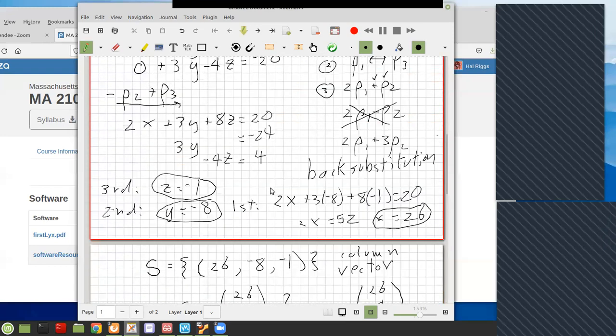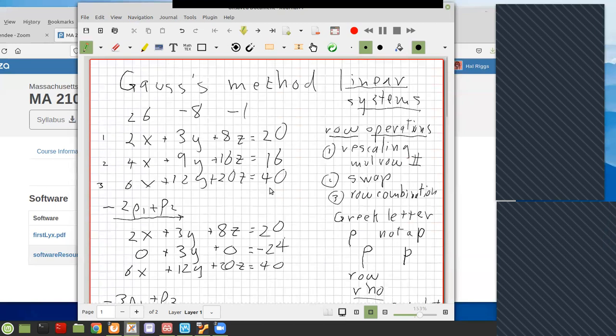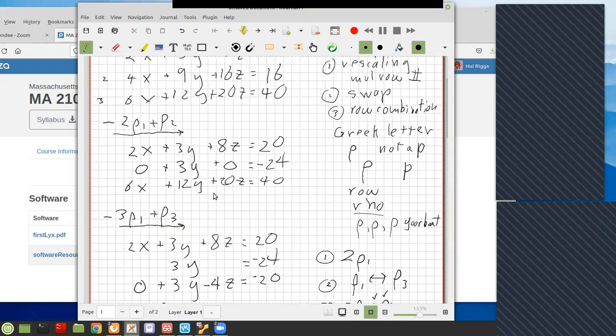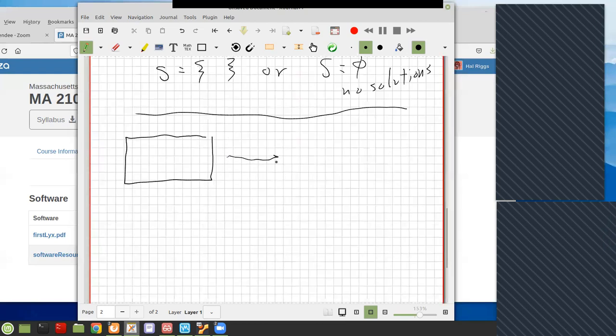But this is the entire method that we're looking at in chapter 1 to start off with, which is Gauss's method, which is you use these three row operations. We have a notation for that operation. And the way that we'll usually write this would be, you have a linear system here. We'll have an arrow, and then we'll have, say, a row operation, and then we'll have a copied linear system.